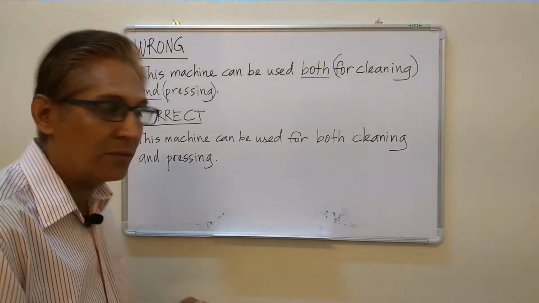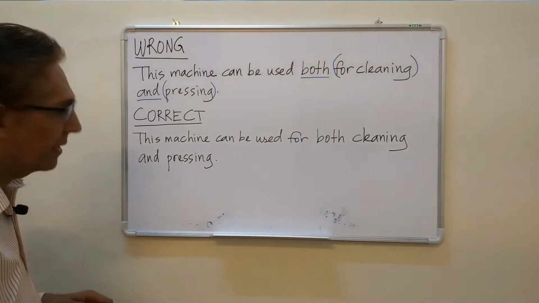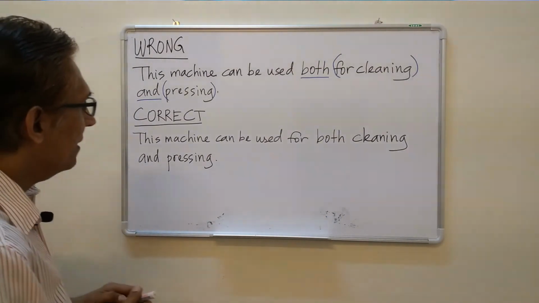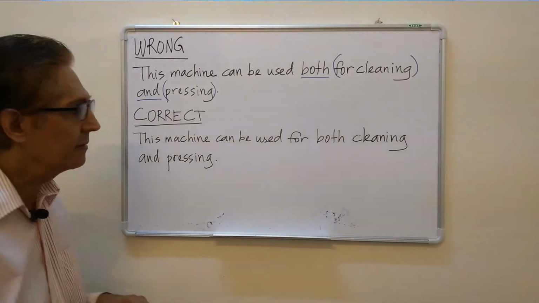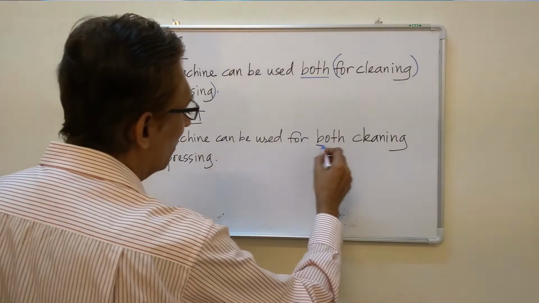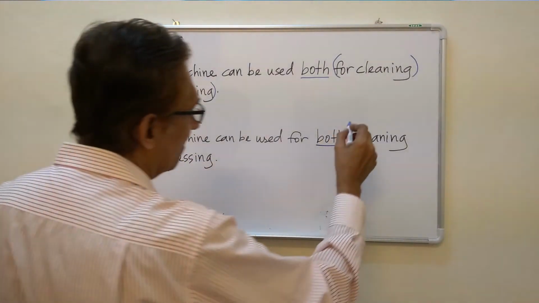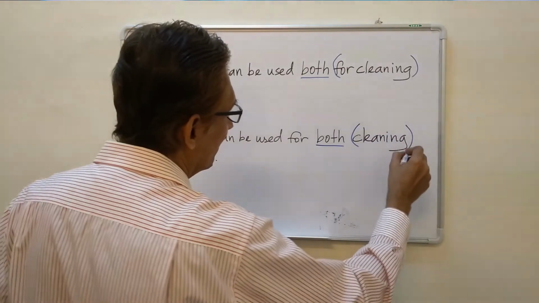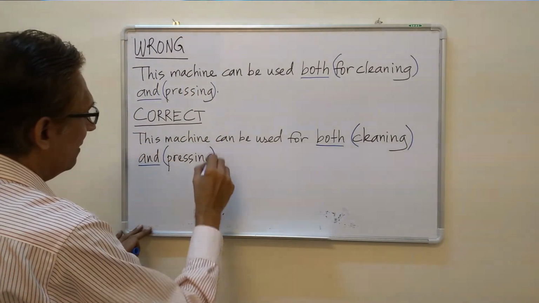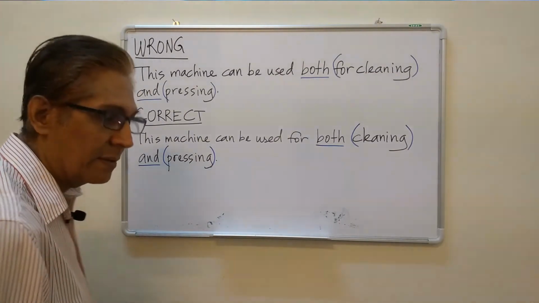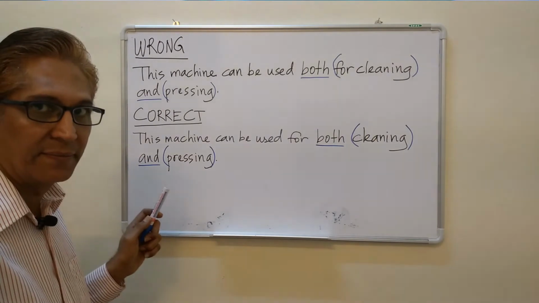Therefore, the balance is not maintained. This sentence can be corrected in this manner: This machine can be used for both cleaning and pressing. Both is followed by a word cleaning and is followed by a word pressing. Therefore, the balance is maintained in this sentence.